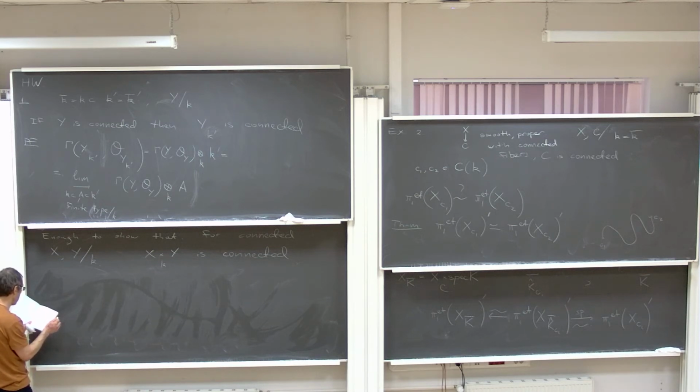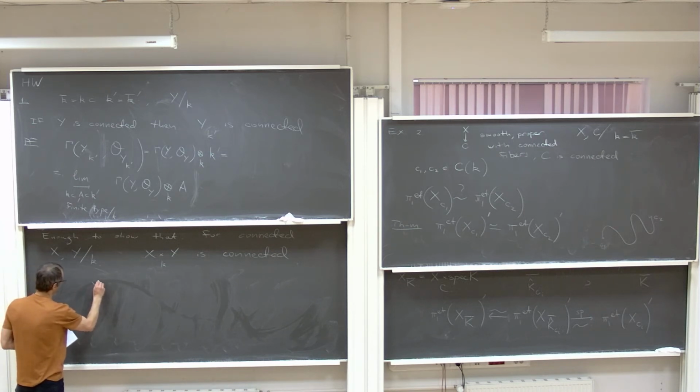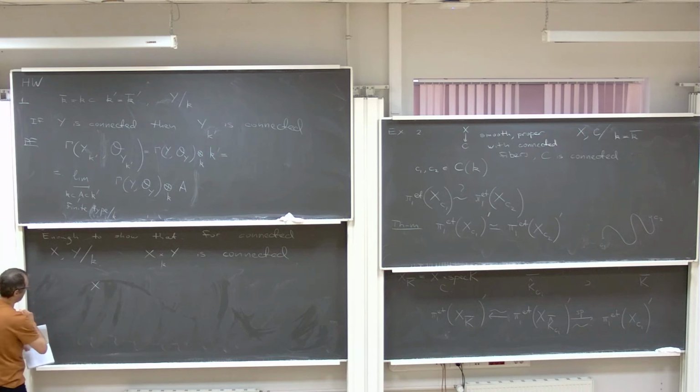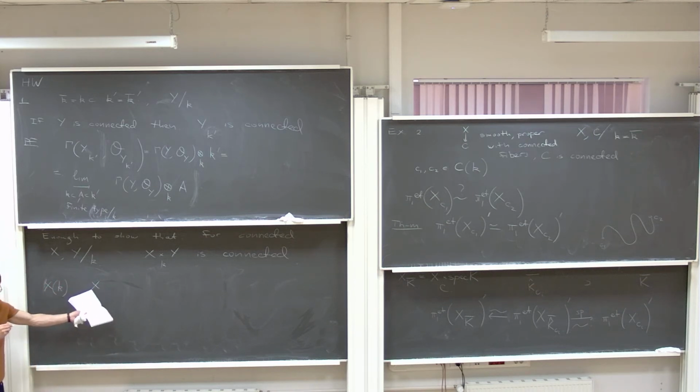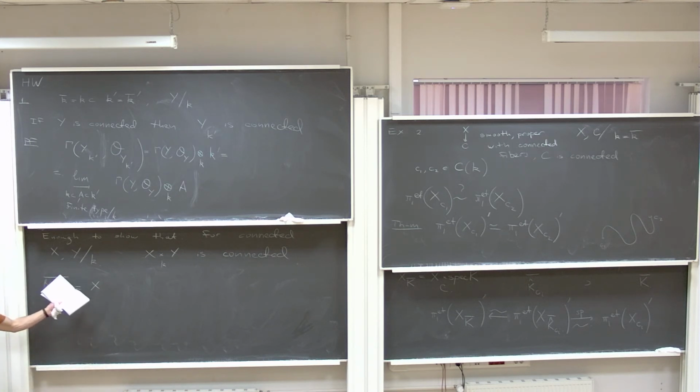The main observation is that for schemes of finite type over an algebraically closed field, the set of its K points is dense in X. And this is a reformulation of Hilbert's Nullstellensatz.